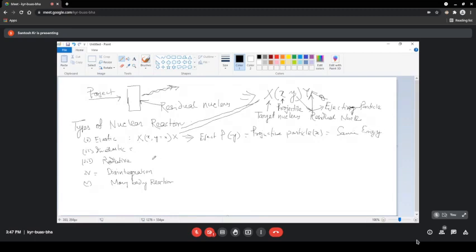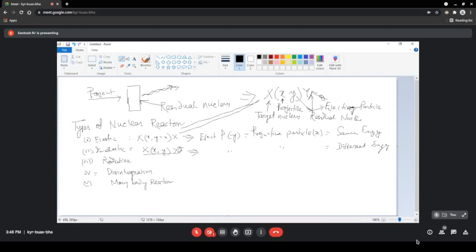Here inelastic, it will be x star. That means this is the same, with different energy. That's why it is in an excited state. Then it will emit, whatever, that is a separate thing.